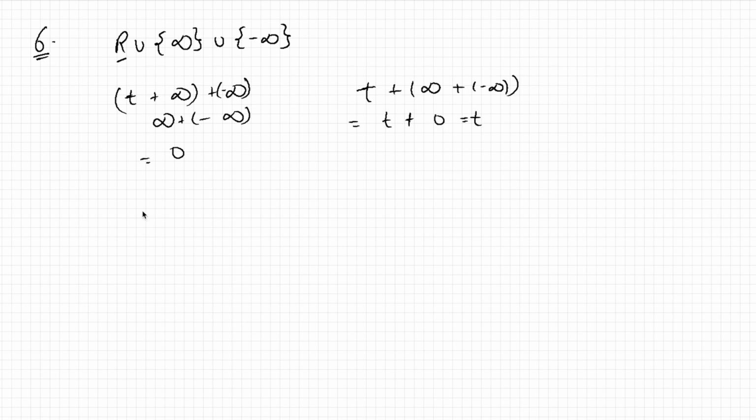So we saw that (t plus infinity) plus minus infinity is not equal to t plus (infinity plus minus infinity). So this is not associative, and if it is not associative, it cannot be a vector space.